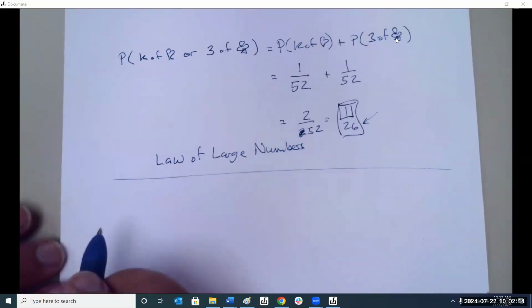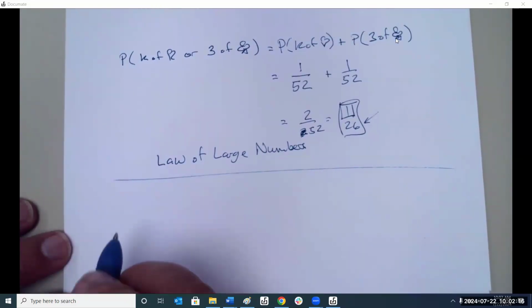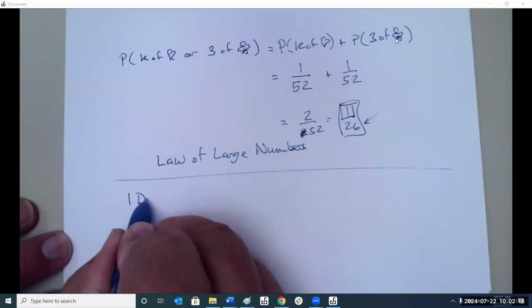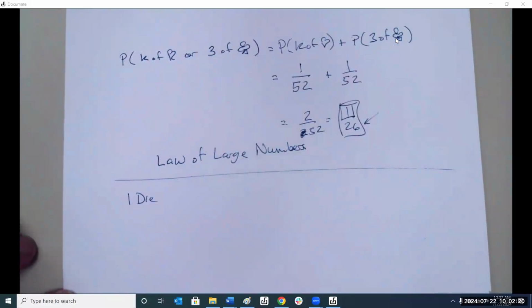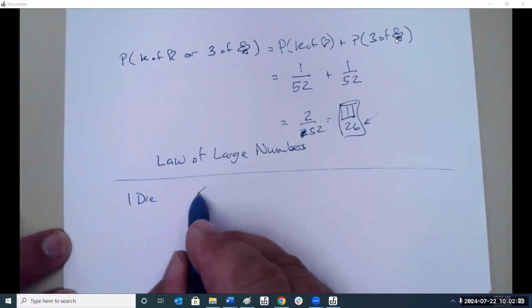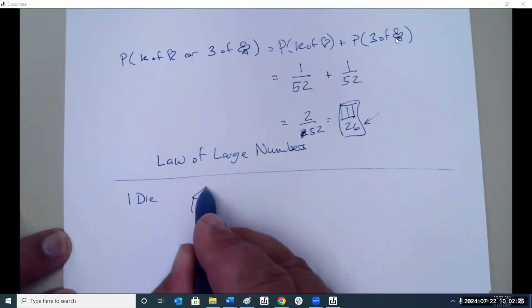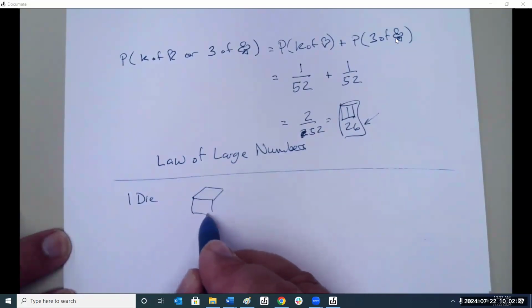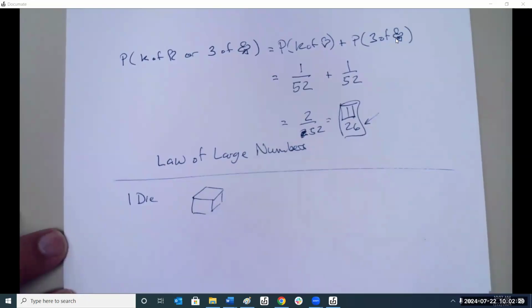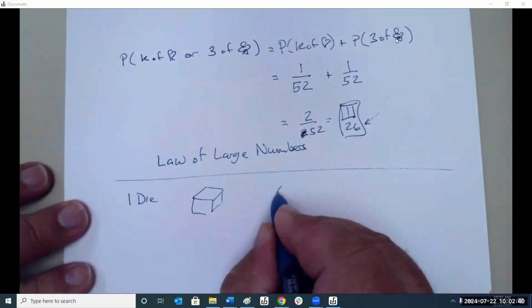Same thing if we each had one die. How many sides are there on a die? It's a cube. How many sides on a cube? 6.